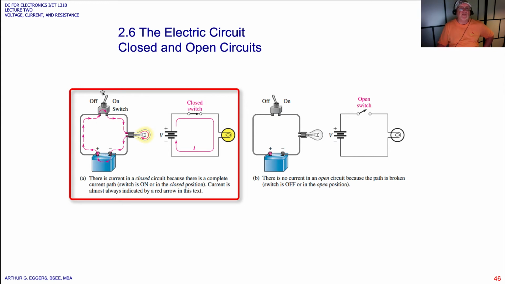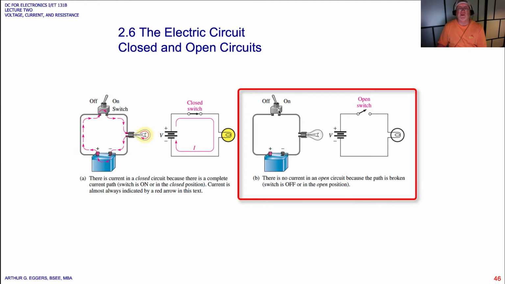So in this case, we turn the switch on, and current is allowed to flow, in this case from the positive terminal through the switch, through the light bulb, and back to the source. So this is considered to be a closed circuit. If we turn the light switch off, we in essence have broken the circuit, we've opened it so that current cannot flow. If we look at the schematic diagram, we have an open switch.